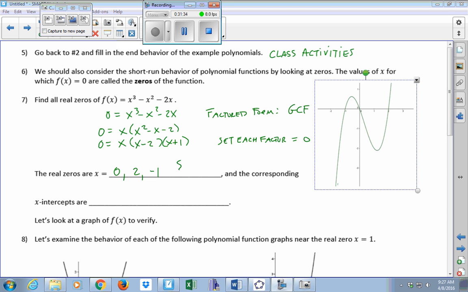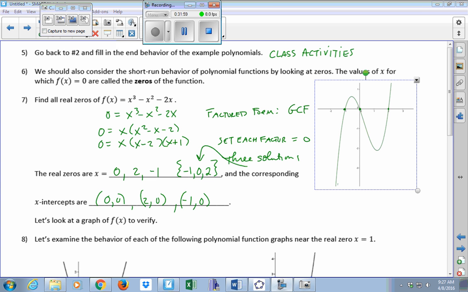So another way you might write this if you were doing this in MyMathLab is just to put the 3 solutions to the equation in a set like this. Or you could just say x equals each one of them. These correspond to the following x-intercepts, which you can see located right here on your graph.